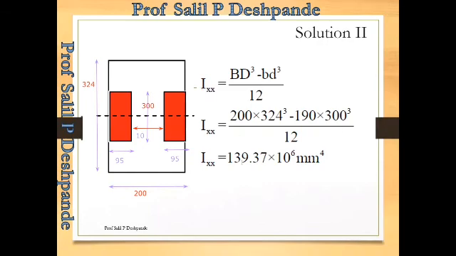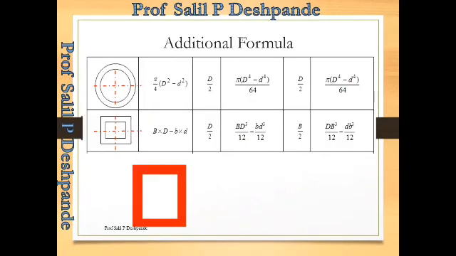So if you calculate, you will get the same answer, 139.37. So in the I section, I am doing the same. This is a rectangle, and instead of deducting one rectangle, I'm going to deduct two rectangles.